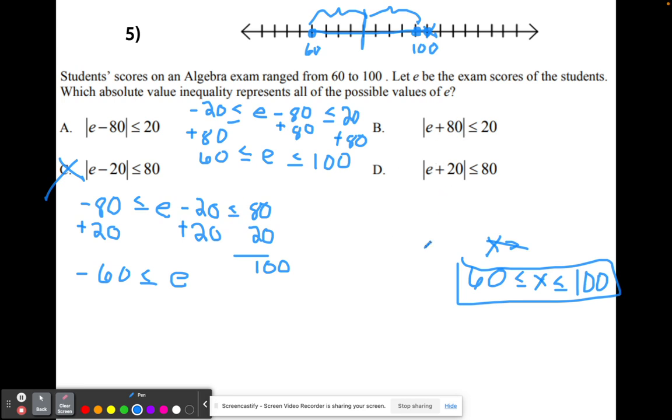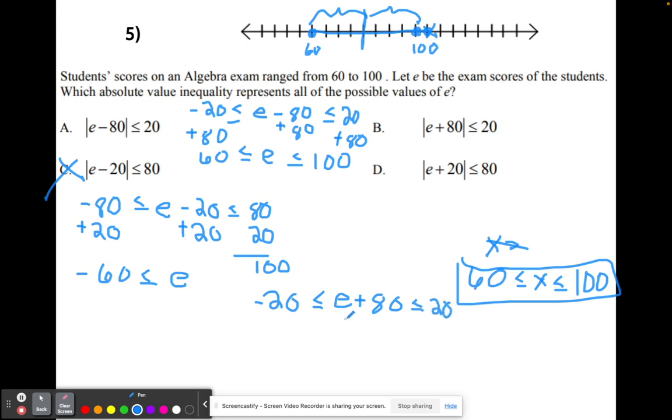I run into similar problems with these two. If I did negative 20 and e plus 80, and positive 20, I immediately see that I have issues.